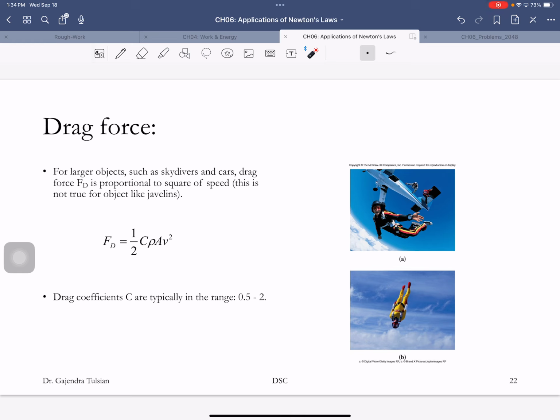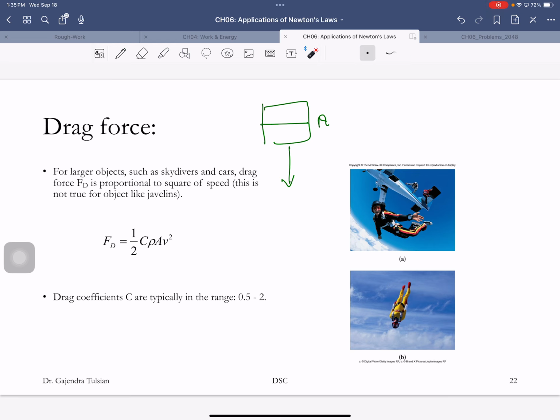Okay. Rho is the density of the fluid through which you're moving. So when you're driving, rho is the density of air. A is the cross section, and when this object is moving in this direction, that's the area of cross section. Okay. And v is the speed.